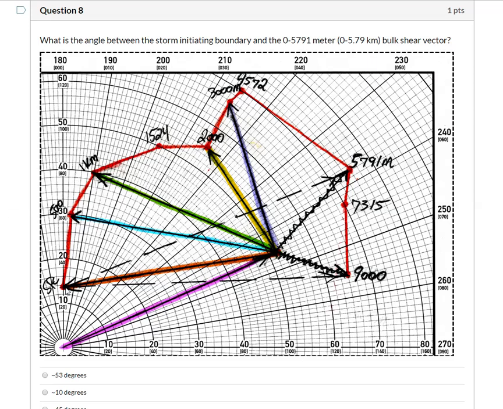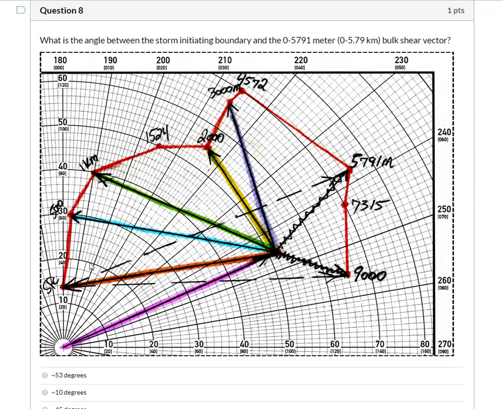Supercell, multicell, squall line, especially differentiating between QLCS squall line and supercells. So if the angle is greater than 45 degrees, typically you're going to have supercells. Unless the storm relative helicity is really high, then you can have embedded supercells if the angle is less than 45 degrees between the storm initiating boundary and the mid-level bulk shear, okay, which would be this one.